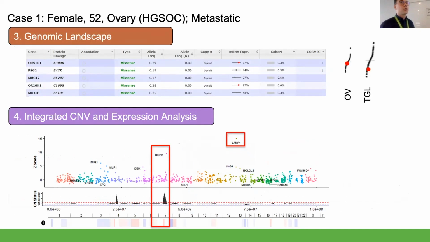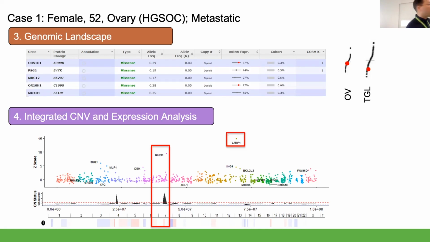This is a screenshot from cBioPortal where we host a lot of our mutations, a lot of our cases, and make them publicly available to the requesting physician. And in this case, we can see that no oncogenic mutations are observed. So that's why it's important to continue this beyond just looking at somatic mutations and integrate copy number variation and expression analysis.